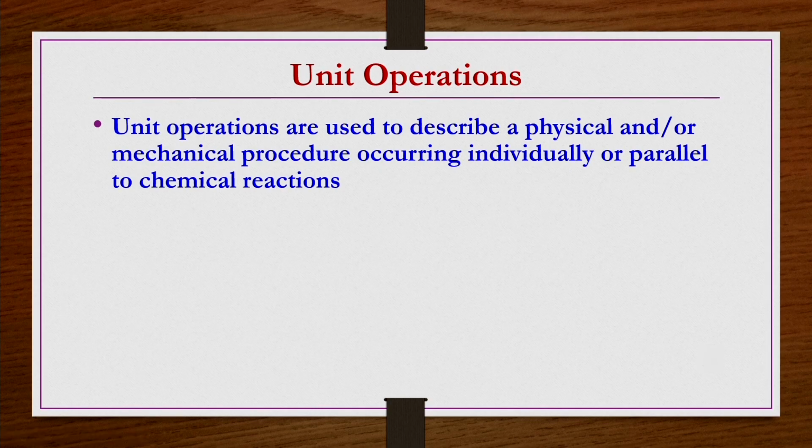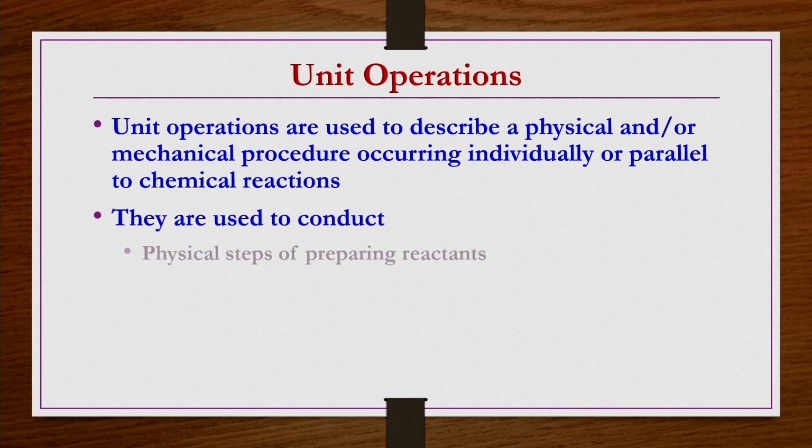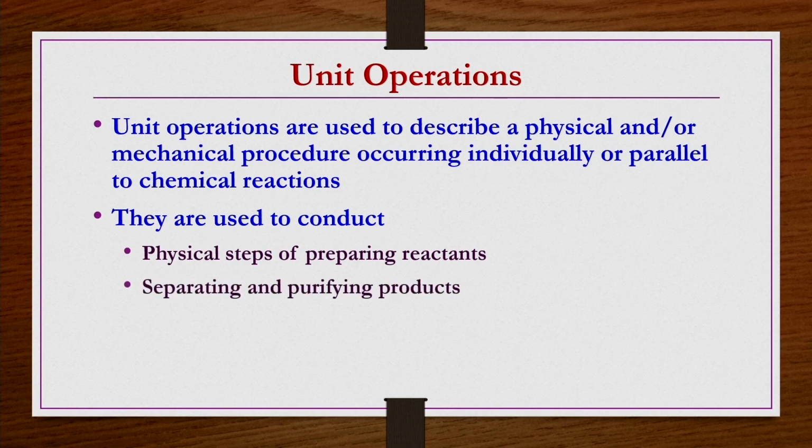So that means these unit operations are in general used to conduct physical steps of preparing the reactants, making the raw materials suitable for the reaction. Then after the reaction, separating and purifying the products. Then during this process, taking the unreacted reactants back to the reactor by recycling.